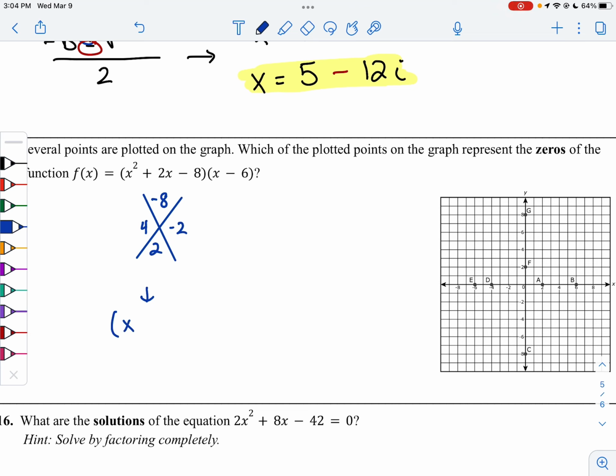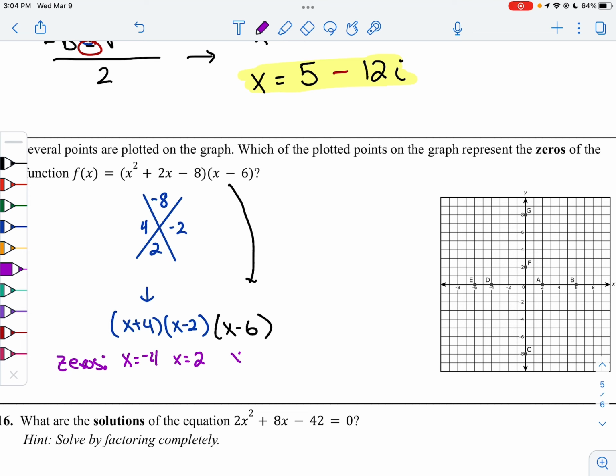So this breaks down to x plus 4, x minus 2, and then don't forget to bring down the x minus 6. So my zeros are x equals negative 4, x equals positive 2, and x equals positive 6. And those letters are D, A, B for my zero values.